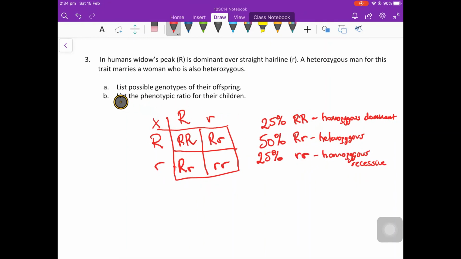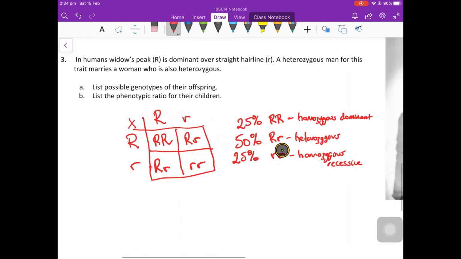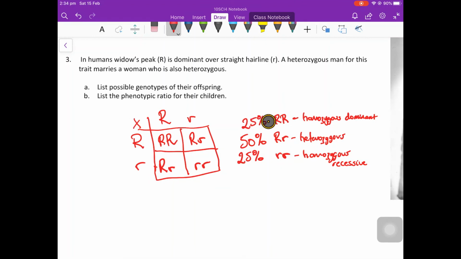And now it says here, list the phenotypic ratio for their children. So what this is asking us to do is say, first of all, work out what are going to be the possible phenotypes for these children. So there's going to be a 25% chance. Oops, there's a little mistake there. That's not correct at all. So we're going to have 25% chance of being homozygous dominant. That will produce a widow's peak.